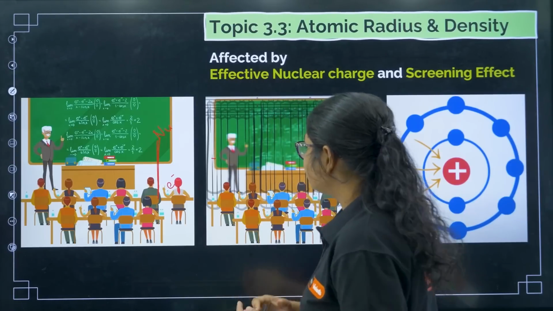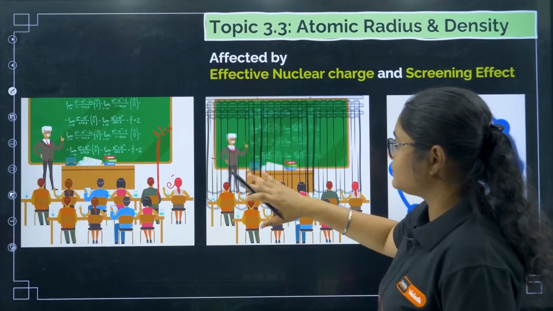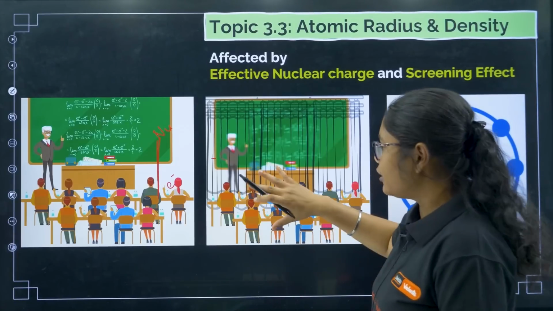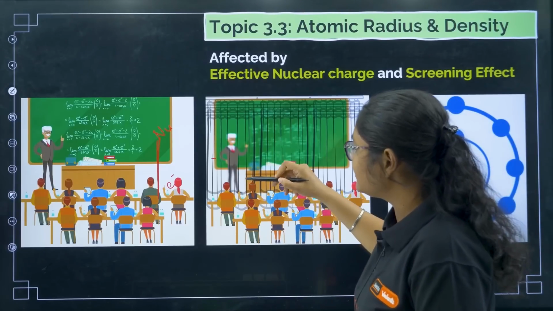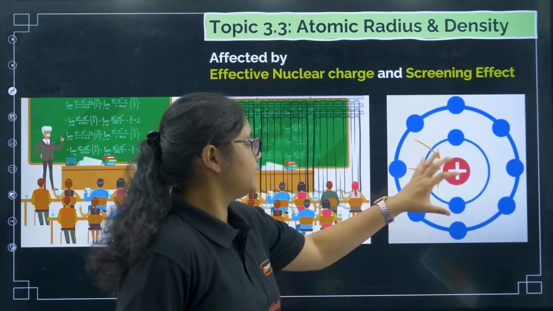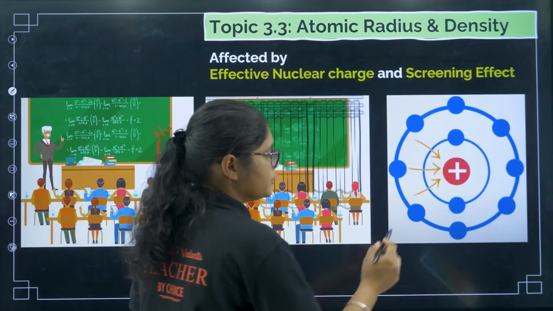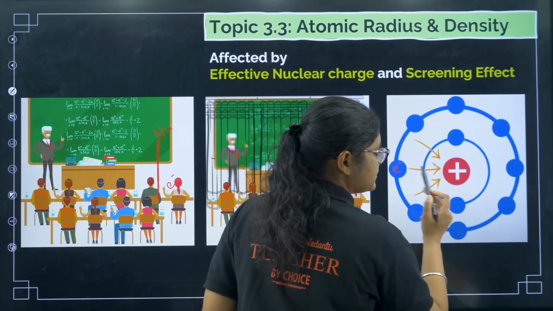Now what happens? Suppose you put a screen in between them, so what will happen? The visibility will decrease, right, or it will become blurry. So when it becomes blurry, the force of attraction will decrease. Now imagine the same thing in this case. You have the nucleus and you have the last electron here. There was a force of attraction before.